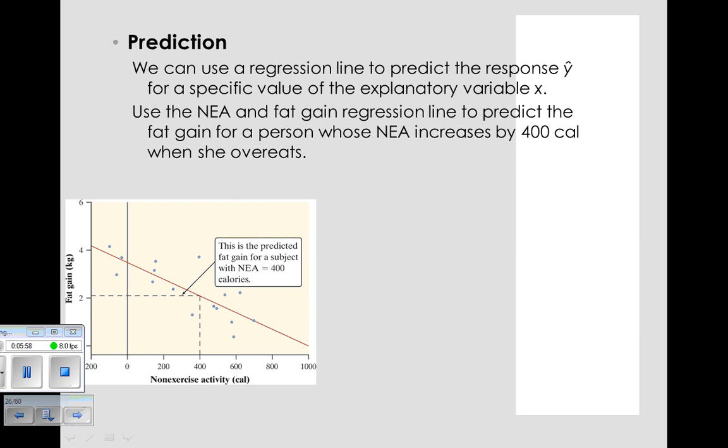All right, we can use the regression line to predict the response y hat for a specific value of the explanatory variable. So here, from the line that we just had, we want to predict the fat gain for a person whose NEA increased by 400 calories. So we're going to use our model, and the 400 calories goes in right here.